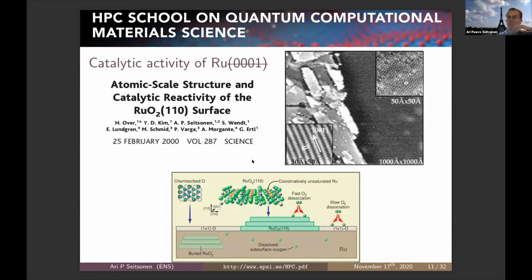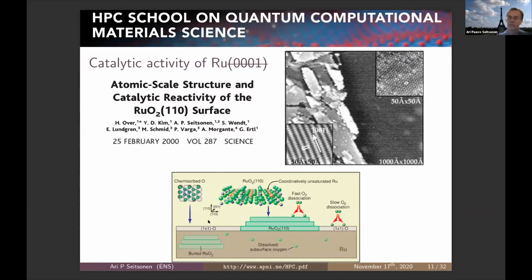Nowadays it may sound trivial, but at the time it was really new, because most people thought that when you deposit lots of oxygen, so you have a high oxygen pressure, the oxygen atoms just dissolve in the subsurface layer, while the metallic ruthenium, otherwise covered with oxygen, doesn't change.